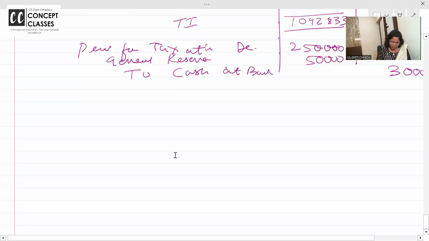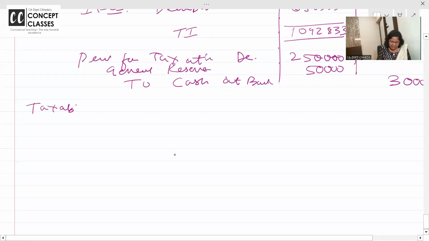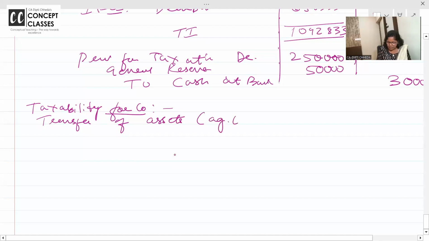Come back to your notebook and write down one more line. It's a part of your answer. Taxability for Veena is over. Taxability for company. Quickly write down. Taxability for company. Transfer of assets. What is the asset?